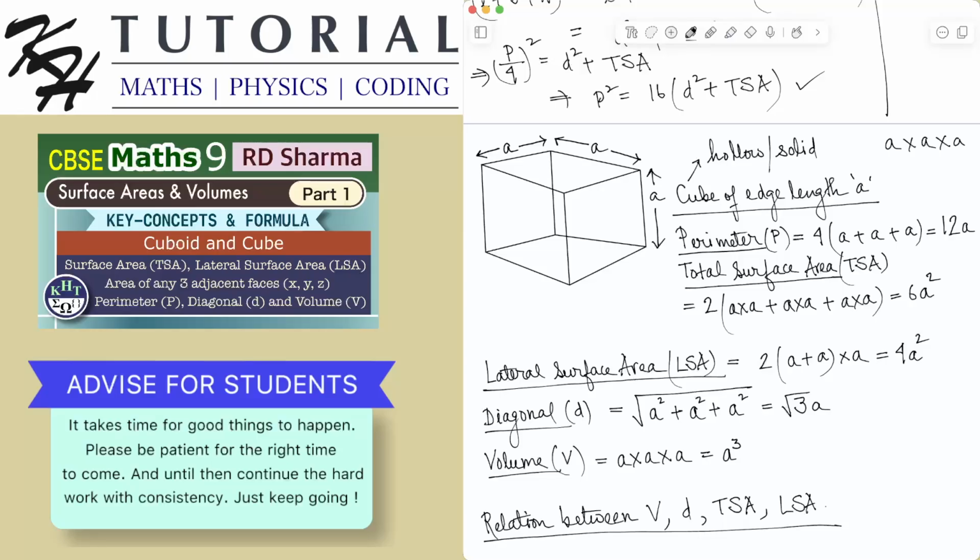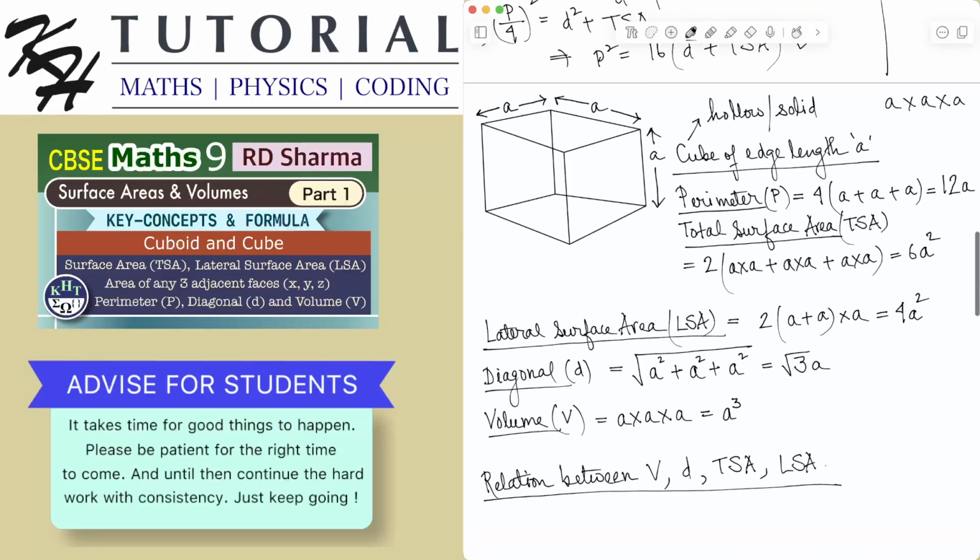So we have 12A. What will be the total surface area? It is based on the formula of total surface area of a cuboid: 2 into LB plus BH plus LH. So we have 2 into A square plus A square plus A square, which is 6A square. Similarly, lateral surface area is 2 into L plus B into H, so we will have 4A square.